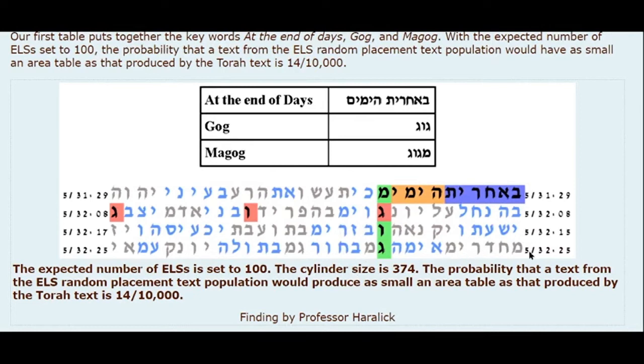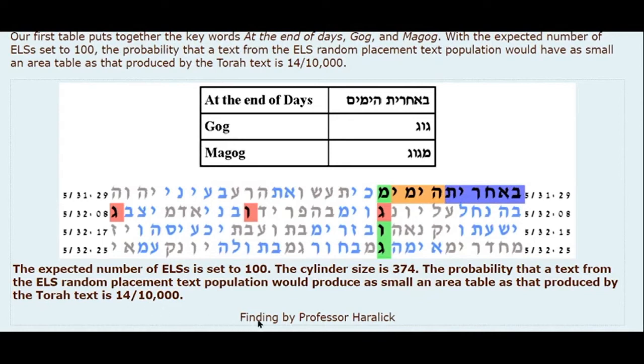You can see clearly where it is: the 5th book of the Torah, which is Deuteronomy, chapters 31 and 32. Interesting, these are the verses. We have the end of days, V'achrit hayamim, Gog Magog, coming here, and 14 in 10,000, that's 1 in 700.